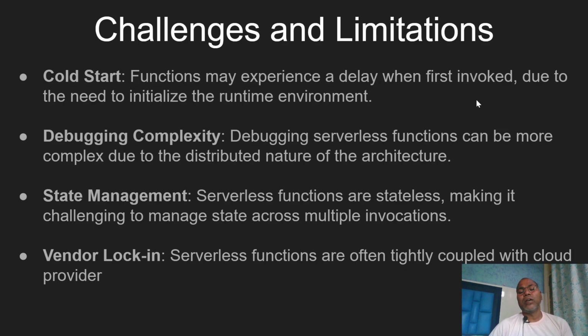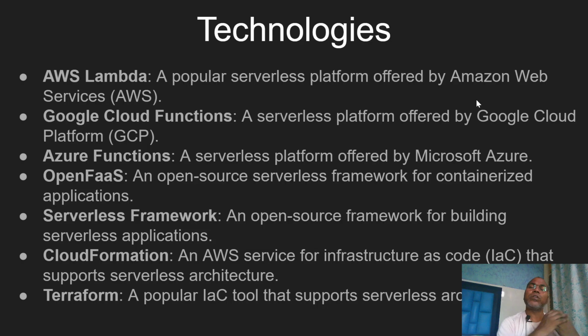And we are also highly dependent upon the vendors, because our serverless functions are tightly coupled with the vendors. Whatever cloud provider you are using, the cloud provider takes care of everything. These are the cloud provider technologies available to us.